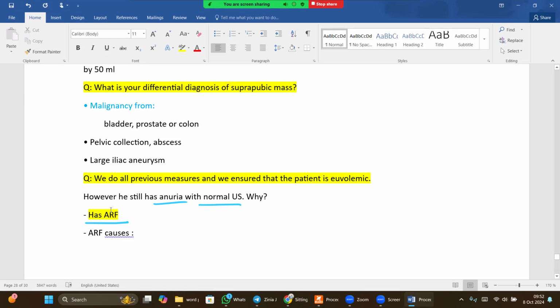However, he still has anuria with normal ultrasound. Why? He has acute renal failure.